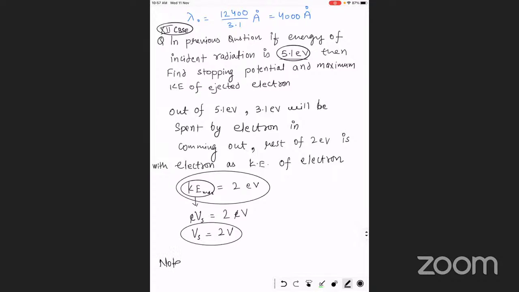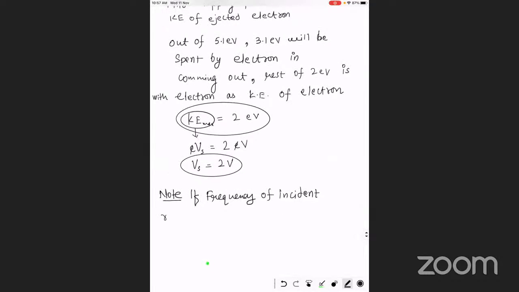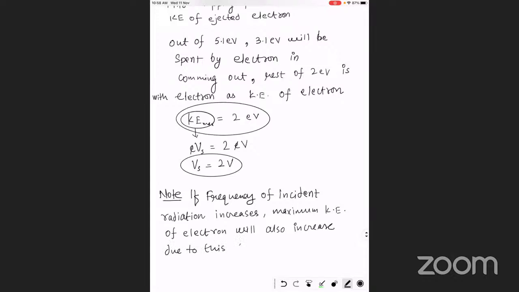So write this note: if the frequency of incident radiation increases, the maximum kinetic energy of the electron will also increase, and due to this, the stopping potential will also increase.